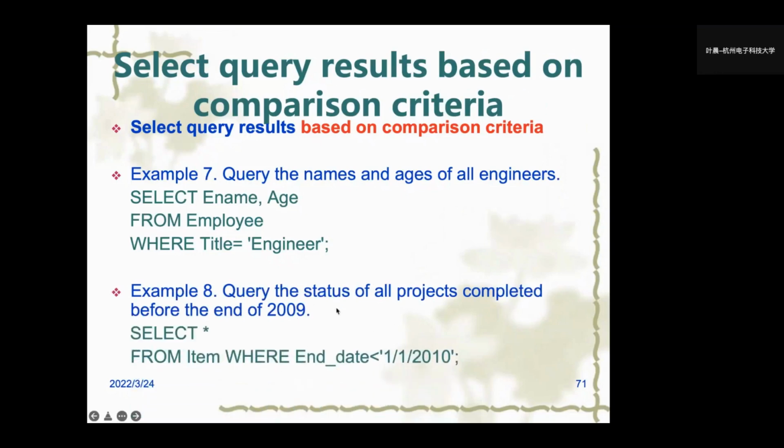Here we can see table 2, the item table, and here we need to write select star, which means we need to obtain all the information in the table from the item where the end date is before the end of 2009. So here we write 2010, the first day of 2010.